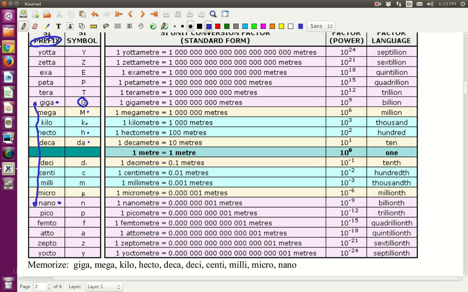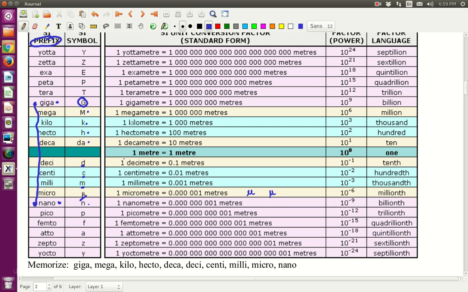Deci is also a d, and it means 1/10. Notice that deci is just the little d. And then centi is a c, milli is an m. Micro is this funny looking symbol. If I make my pen a little bit smaller, it just kind of goes like this, micro. Okay, you gotta get used to that, micro. Nano, n, and then not going to worry about the rest of them. But you do have to know these.